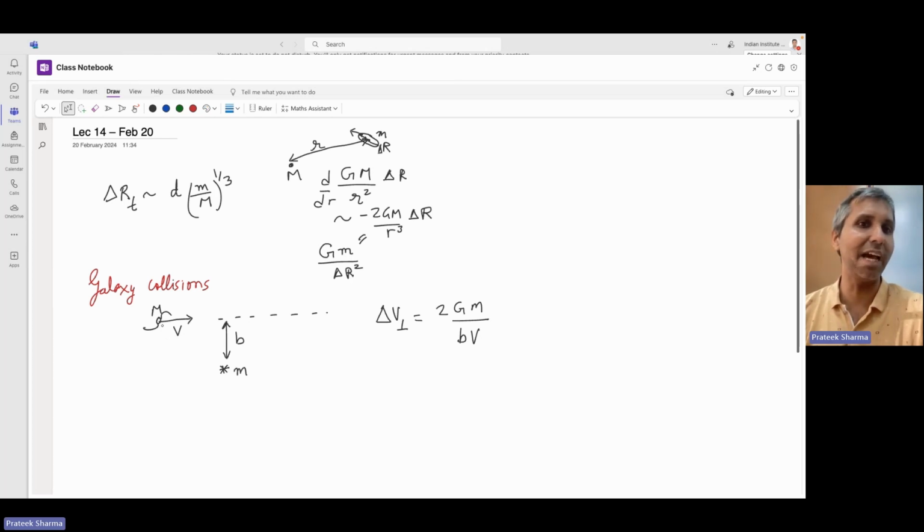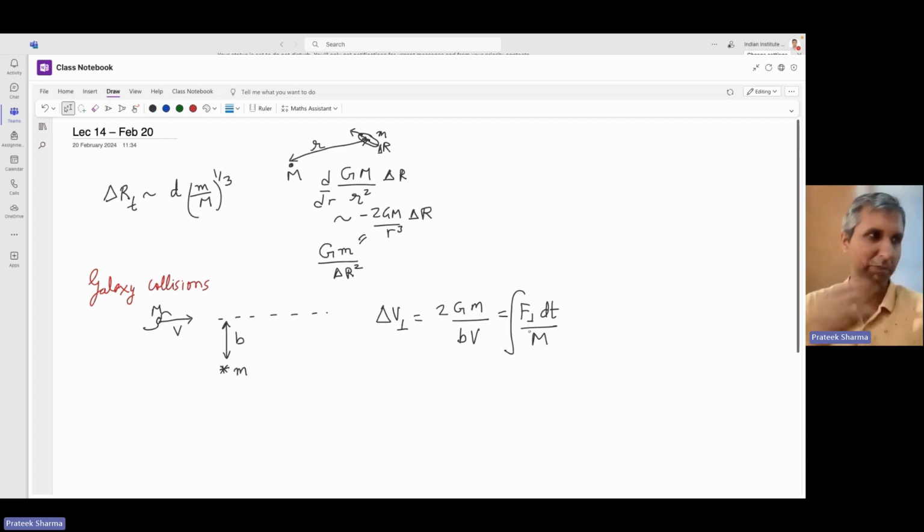If this galaxy is moving through a collection of stars, how does it lose its directed velocity? We'll first consider one particle and then a bunch of particles. How many particles are needed for it to get deviated from its path? That's where we are going. This is nothing but F perp dt by m, the impulse approximation.